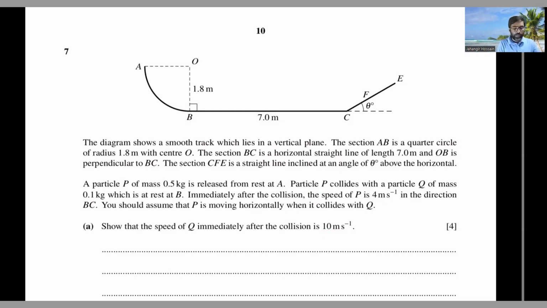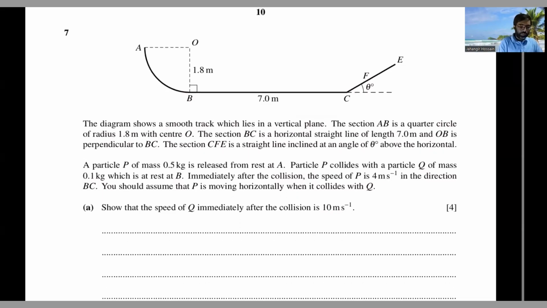Although here they are asking for the speed of Q after the collision, before that we have to find the speed of P just before the collision. P starts from rest at A and slides down along the segment AB, which is a quarter circle.